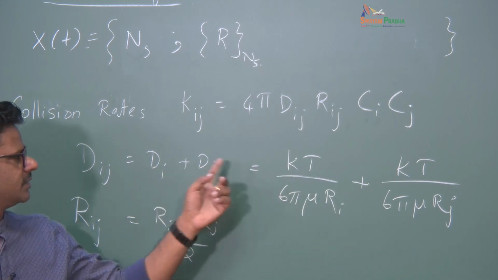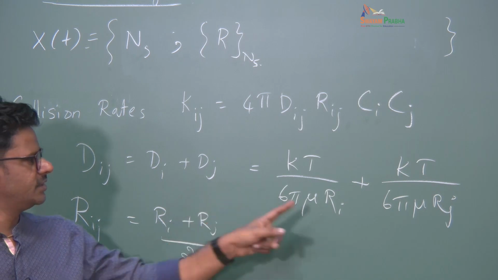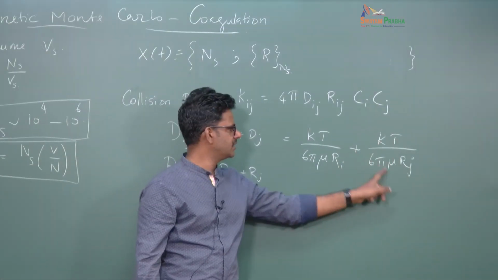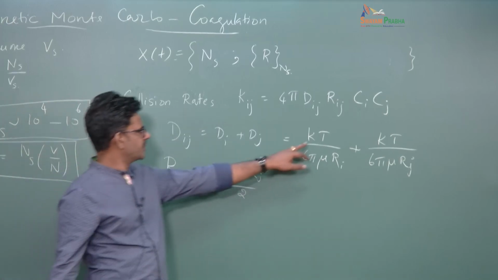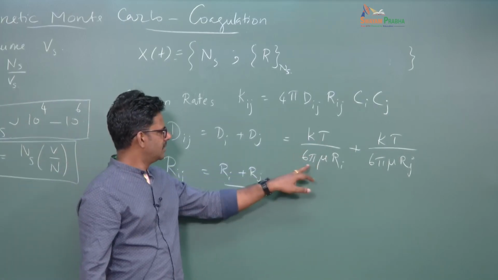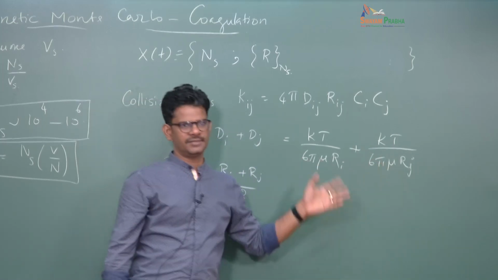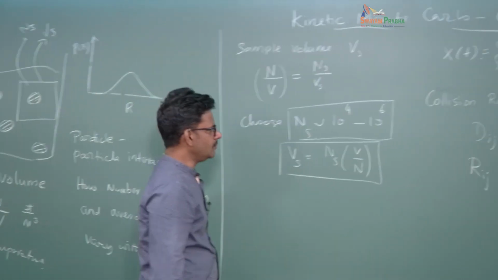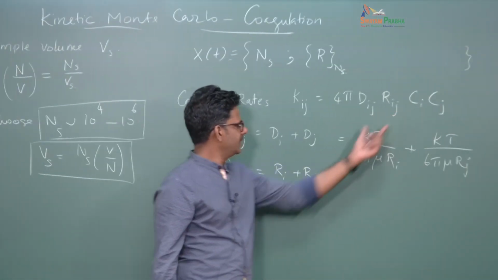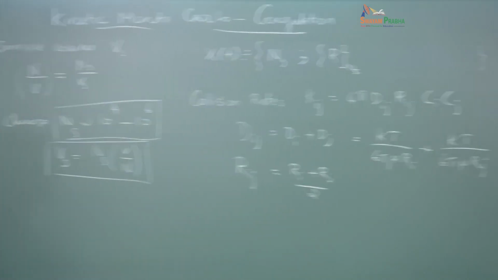So Di is given by kT by 6 pi mu Ri, and Dj is given by kT by 6 pi mu Rj. Where k is the Boltzmann constant, T is temperature, mu is viscosity, and Ri and Rj are the particle radii. And then the collision diameter Rij is nothing but the average of the two species, Ri and Rj.